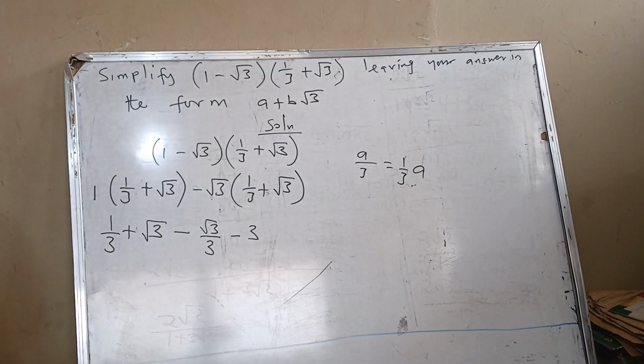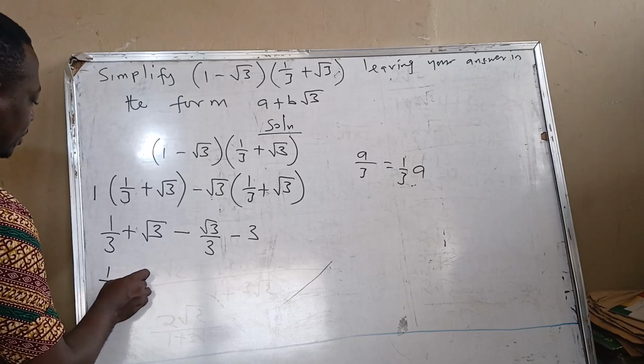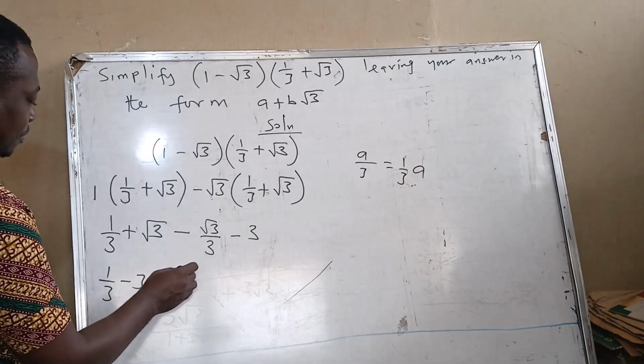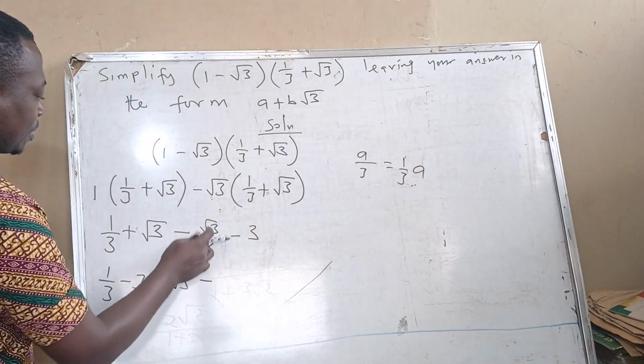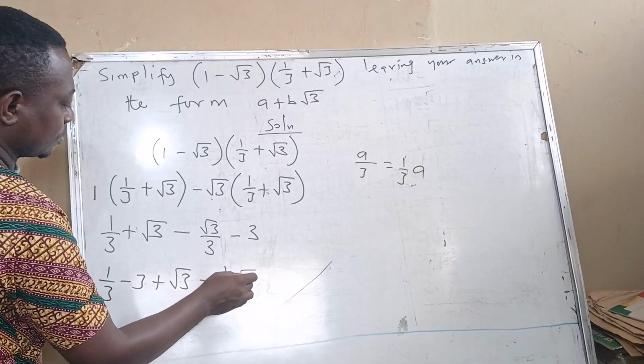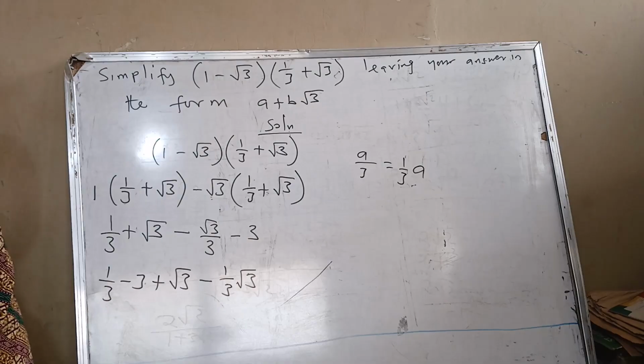Now let's group this. Okay, so we have 1 over 3 minus 3. So this and that without root sign plus root 3 minus. Now let's bring this one out. That will be 1 over 3 root 3. As simple as that.